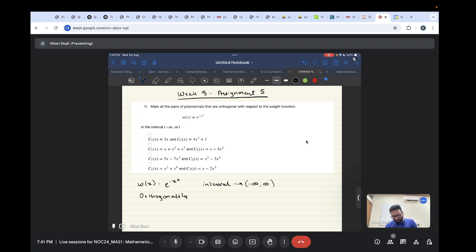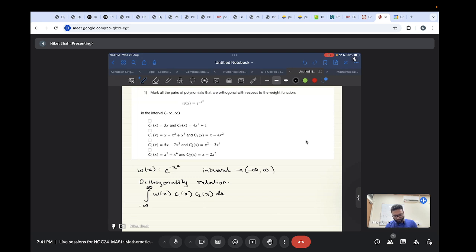So what is basically the orthogonality relation? Orthogonality relation is simply integral. In this case, because the interval is minus infinity to infinity, the limits are minus infinity to infinity, w of x, c1 of x, c2 of x, and dx.